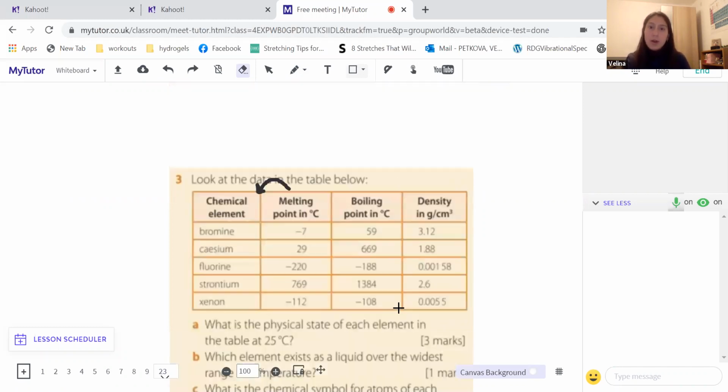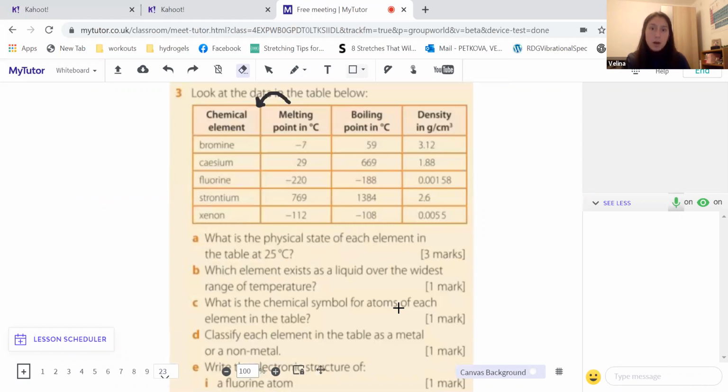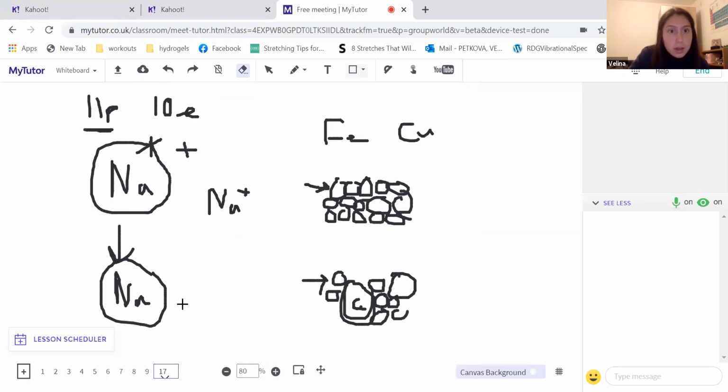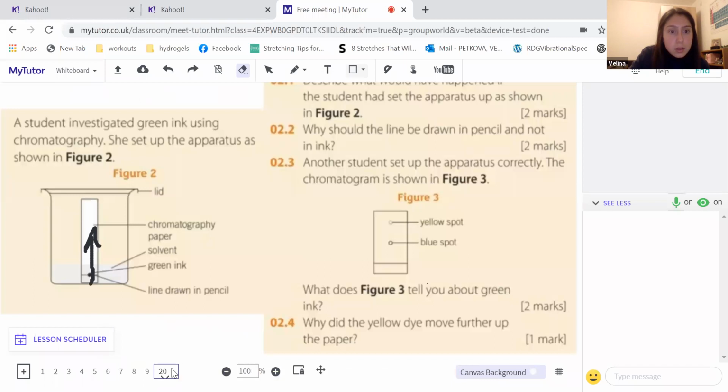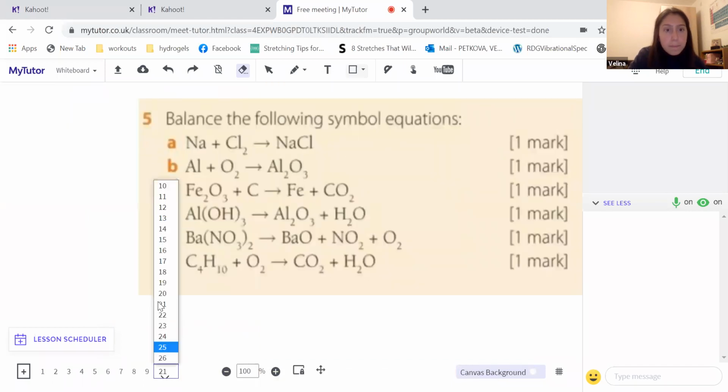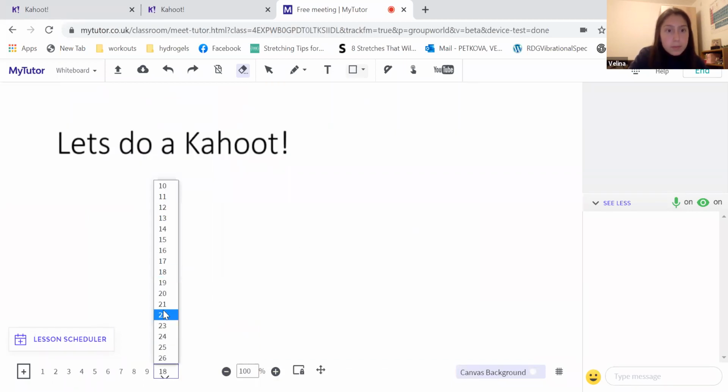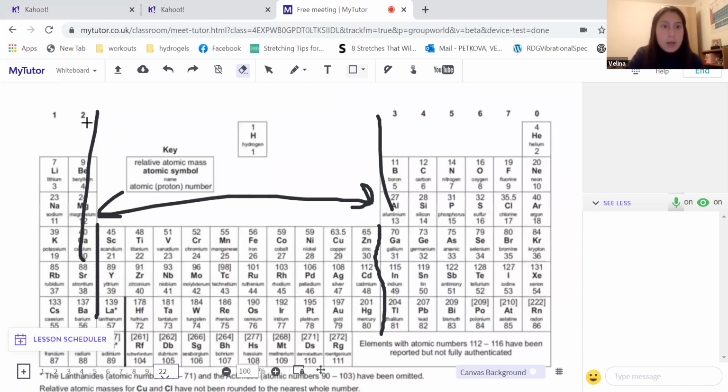Okay, so what is the chemical symbol for atoms of each element in the table? How would we figure out what the symbols were if we didn't know them off by heart? Right. Bromine, Br, yeah, perfect. Look on the periodic table. So where was that periodic table? Exactly.